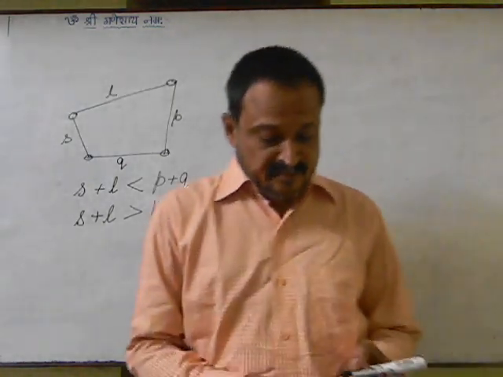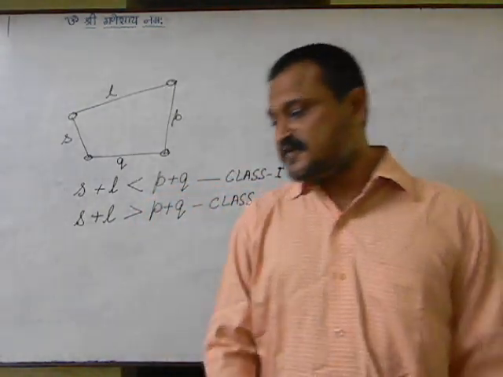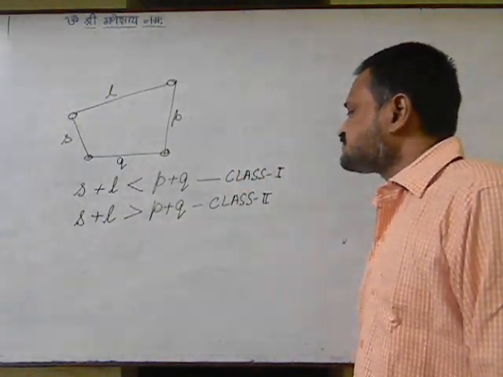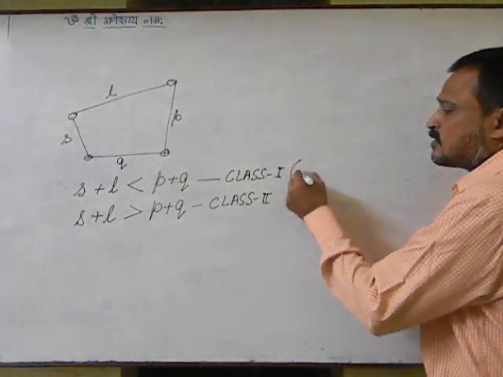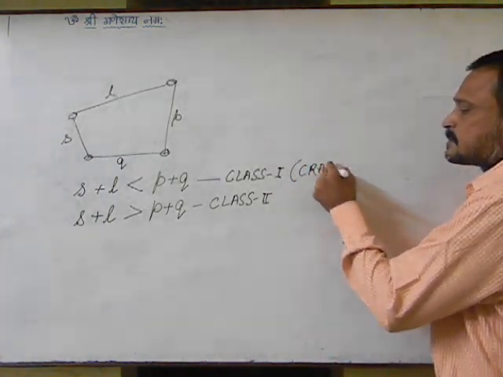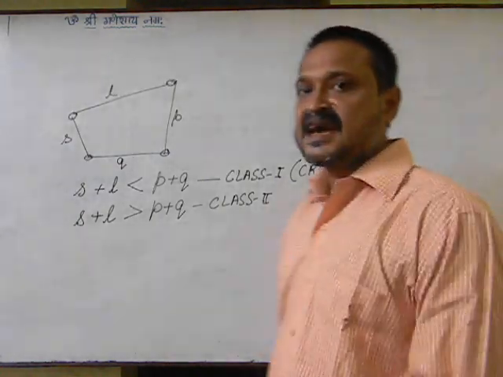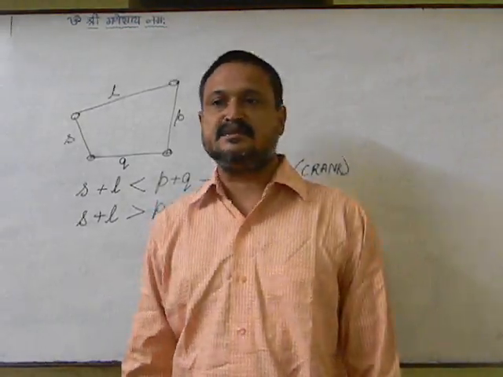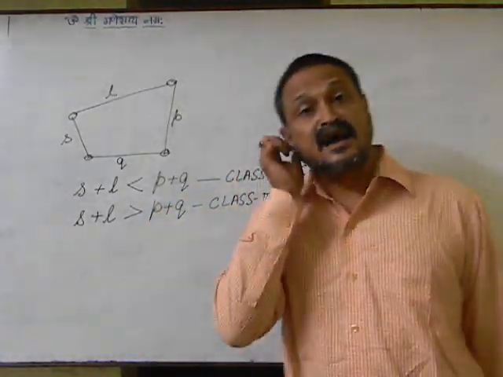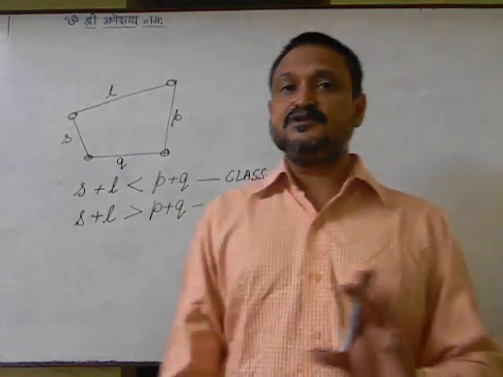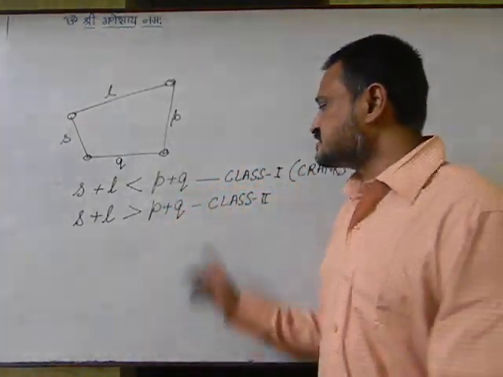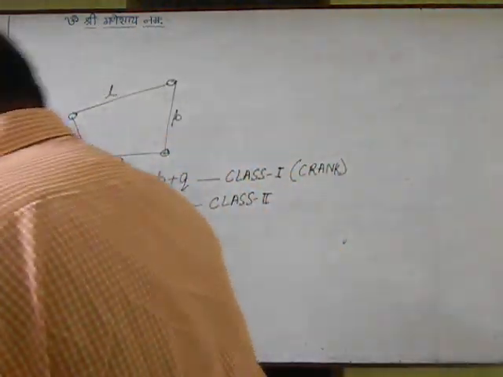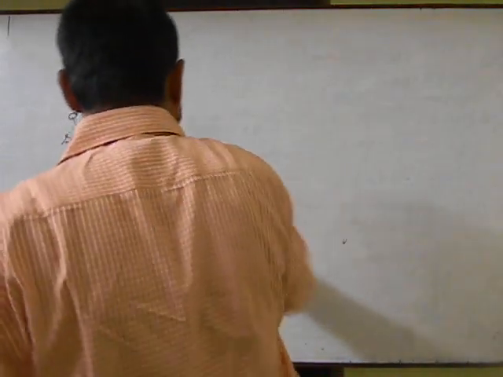So simply, in a class 1 mechanism there will always be a crank. When we say a given mechanism is class 1, that means there is a crank in that mechanism. If I say it is a class 2 mechanism, that means there is no crank existing in that system. Fine.